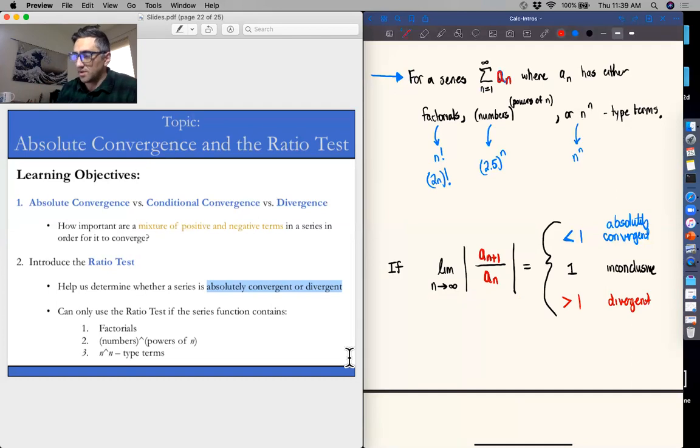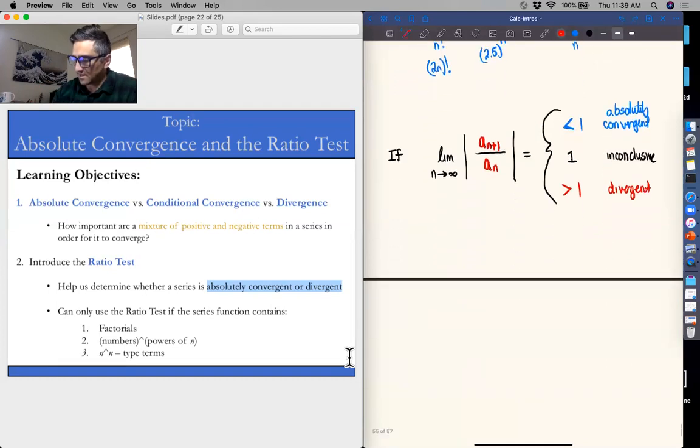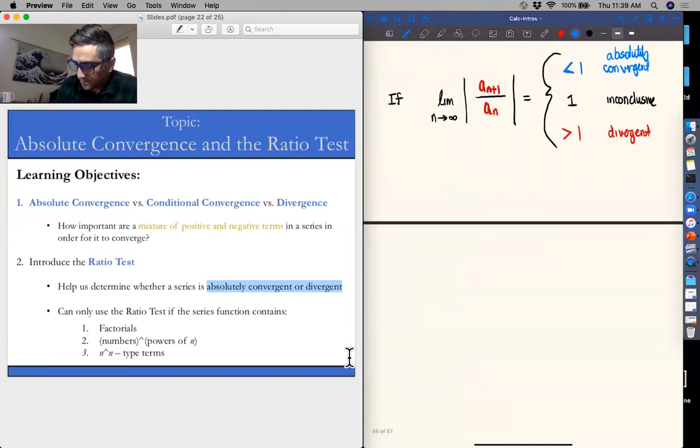So let's do an example of this. Let's consider the series from n equals 1 to infinity of negative 1 to the n times n squared all over 4 to the n.